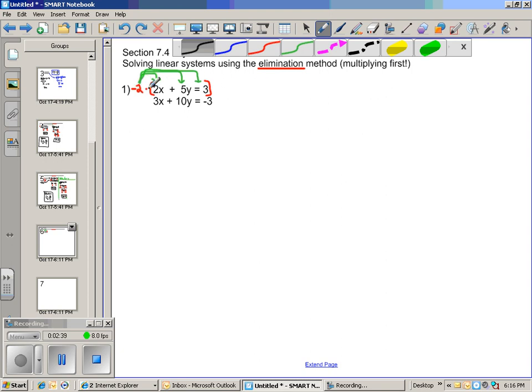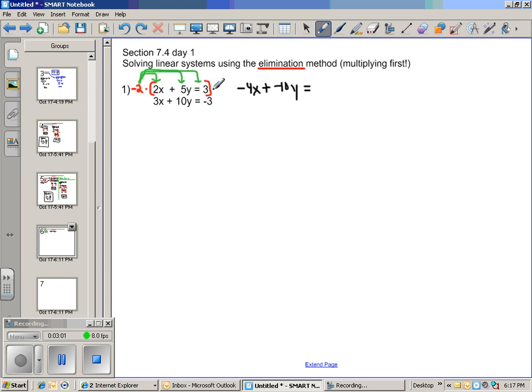Negative 2 times 2x is negative 4x, and negative 2 times positive 5y gives me plus a negative 10y. And then you have to make sure that the 3 over here gets multiplied by negative 2 as well. Negative 2 times 3 is a negative 6. And that's how the top equation has now been transformed.